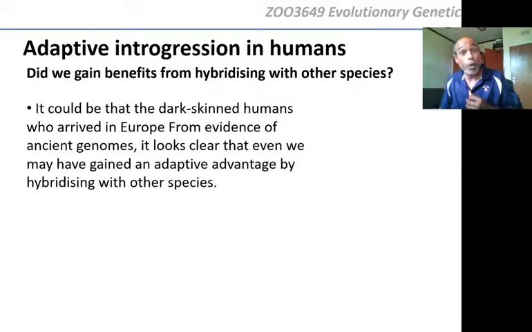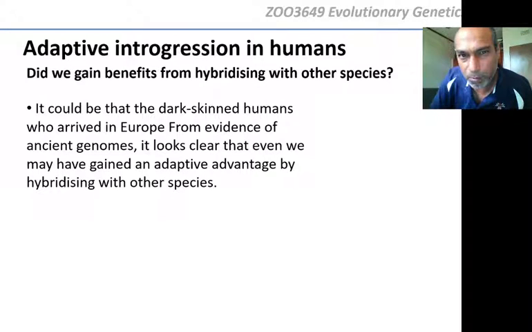Because remember, when we left Africa and arrived in Europe, what color was the skin of those people? It was not white like it is today. It was black because we had just left Africa. Okay?